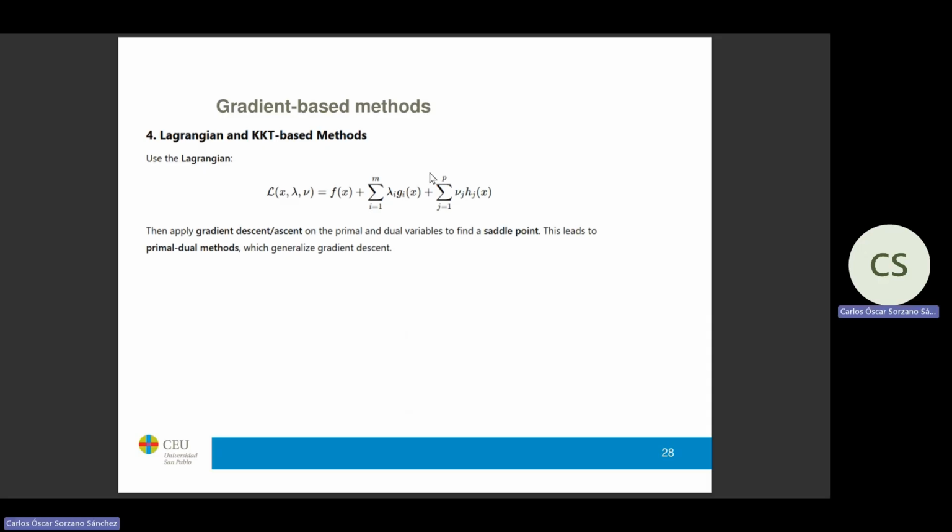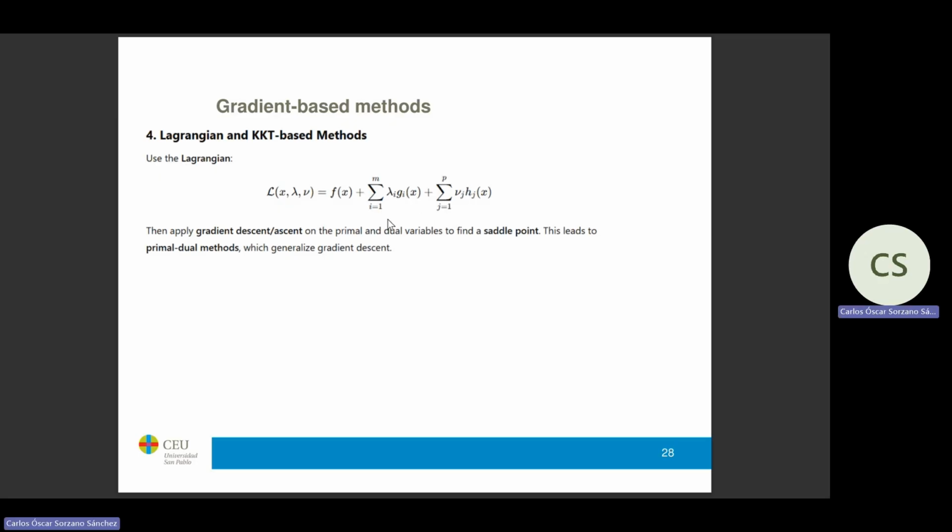Okay, so then we have these Lagrangian methods and Karush-Kuhn-Tucker methods. So we have the Lagrangian of the function. The Lagrangian is the goal function plus all the constraints. And then you apply the gradient descent on the primal. The primal variables are x, so you compute the gradient descent on x. And the dual variables are lambda and nu.